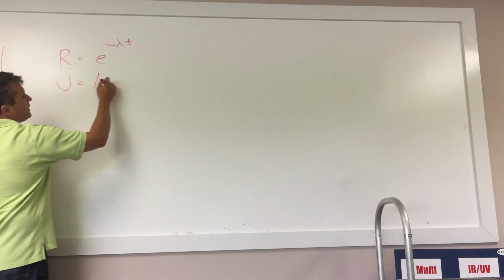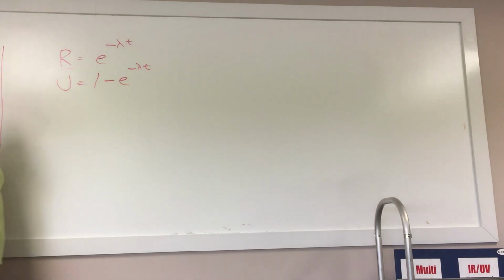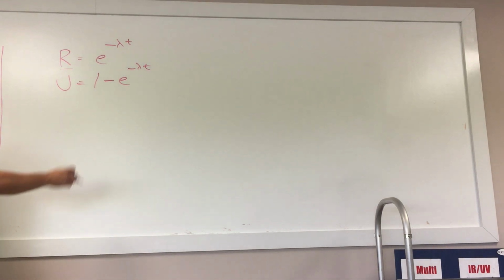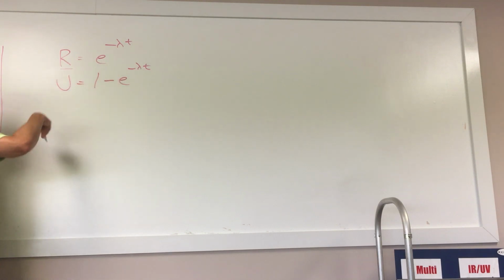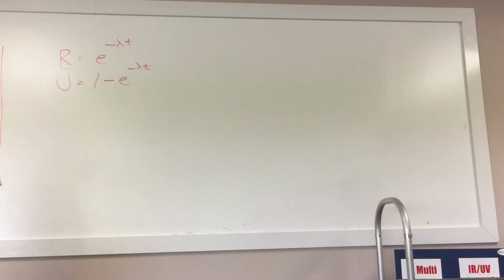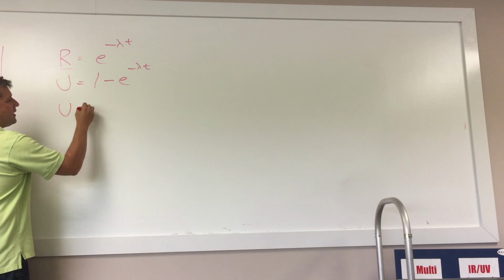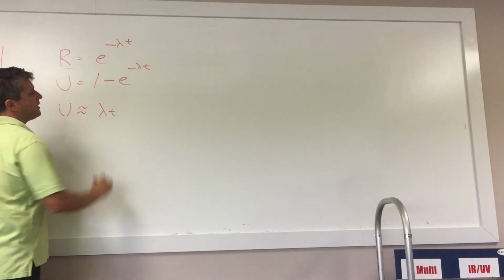And unreliability is the complement of reliability, or 1 minus e to the minus lambda t. Now, this term has exponents, it's got e, it's got all kinds of things that are going to make integration tough. So I'm going to simplify this by saying that the unreliability is approximately equal to lambda t.